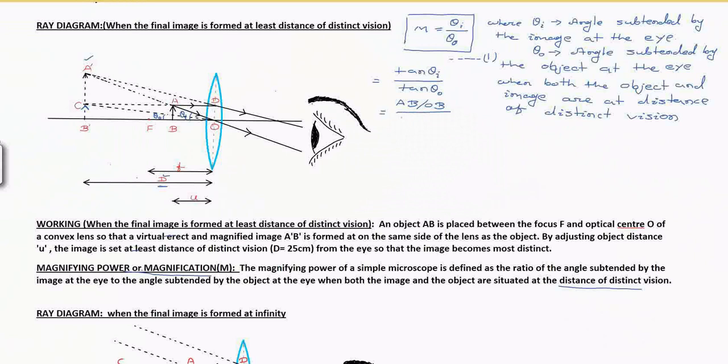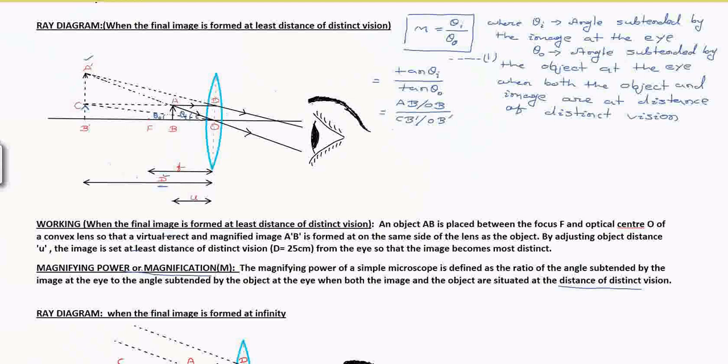And tan theta O is equal to, in this triangle CB dash O, CB dash divided by OB dash.